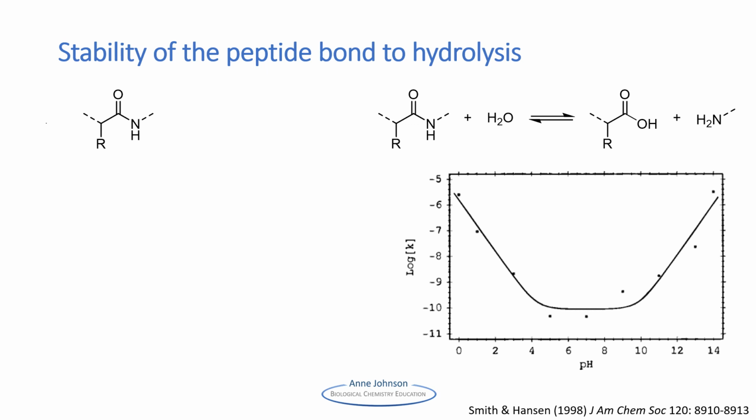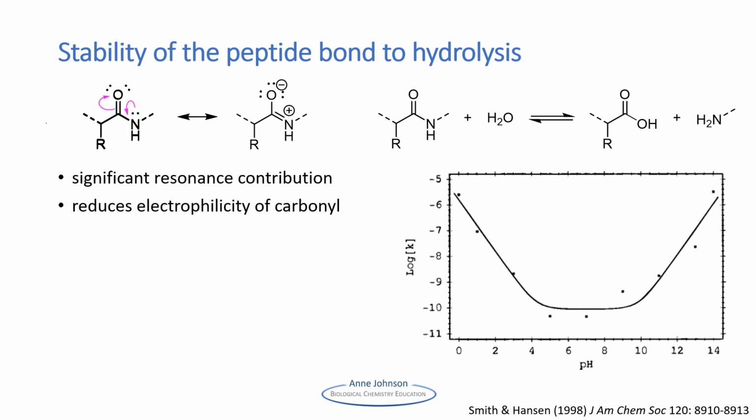The peptide bond is planar and rather rigid because of significant resonance contribution originating from the lone pair of electrons on the nitrogen atom. This reduces electrophilicity of the carbonyl group, making hydrolysis of the peptide bond relatively slow and difficult. Secondly, water is a weak nucleophile.